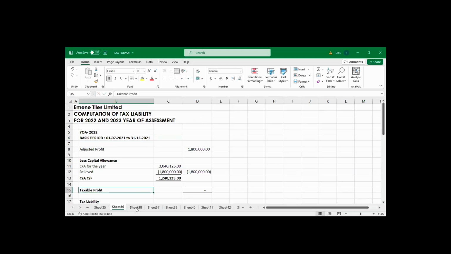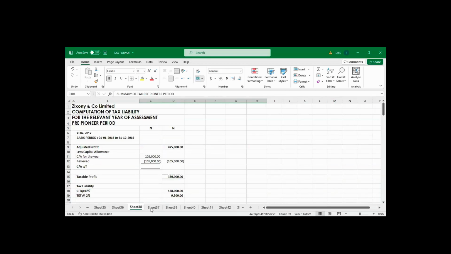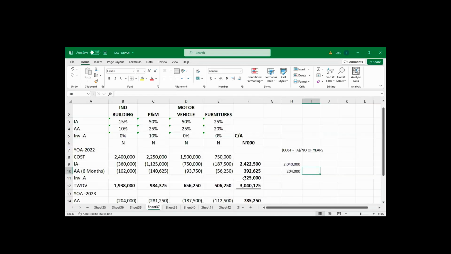So our annual allowance in 2022 year of assessment is going to be based on 6 months. So you say 6 divided by 12 times 204,000.